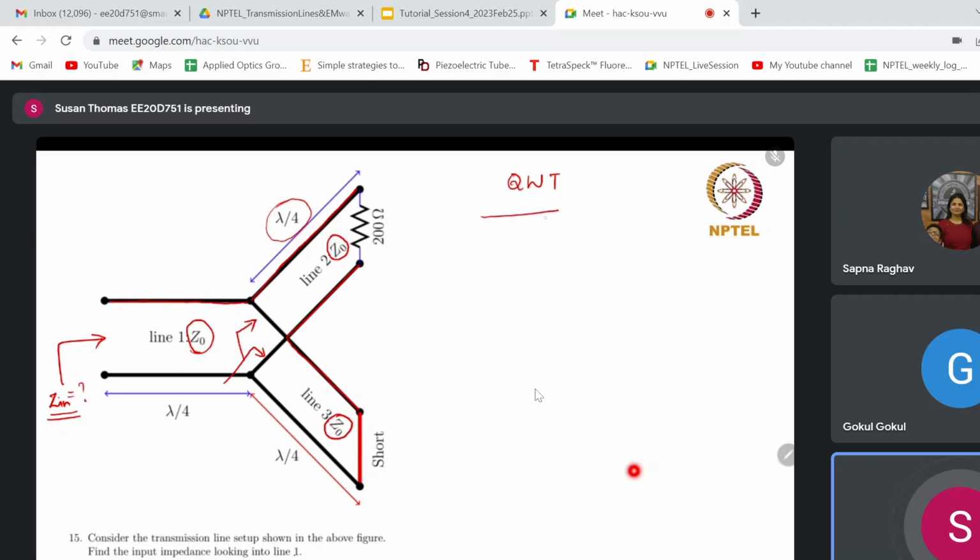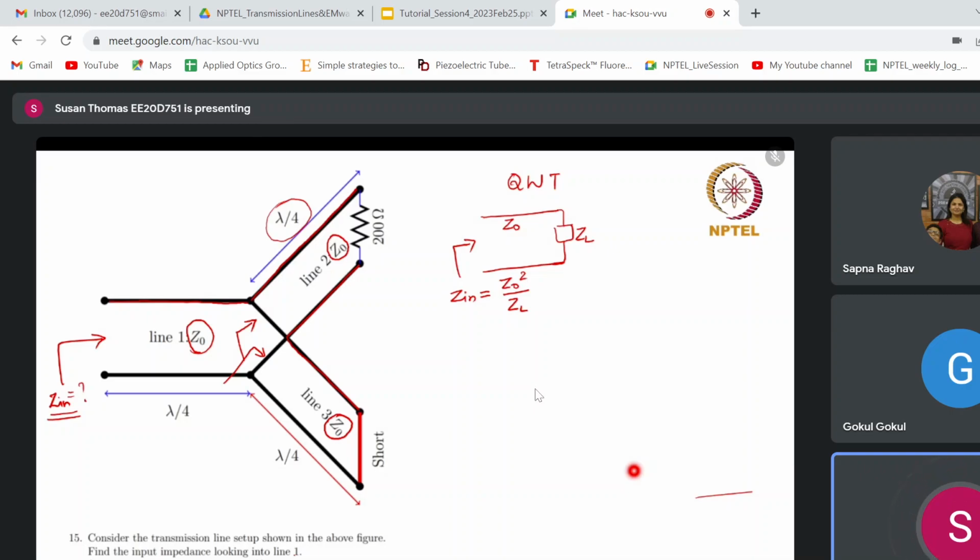See, the basic equation of quarter wave transformer I will tell you. If this is Z0 and if this is ZL, what is Zin in case of a quarter wave transformer? Zin is equal to Z0 square by ZL.